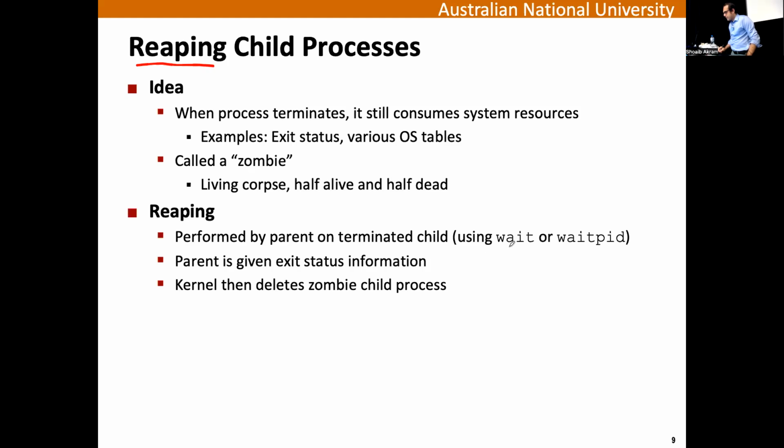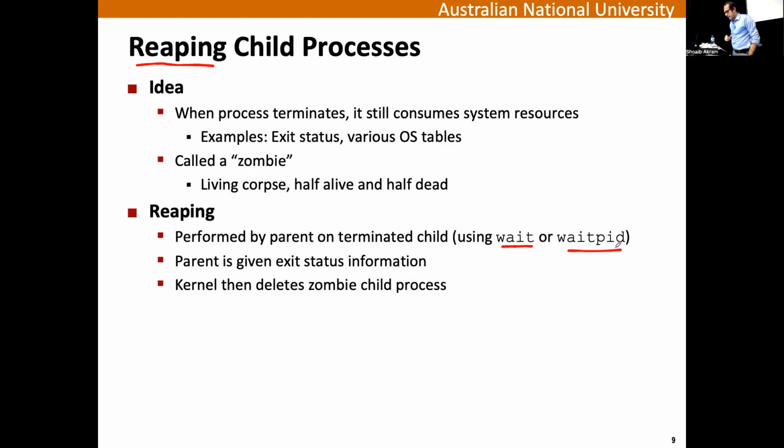Now, reaping is performed by 2 system calls, wait and waitpid. At this point, we are looking at system calls. From the next lab, you will be writing system programs where you will use system level functions, or system calls. So all these are now system calls.